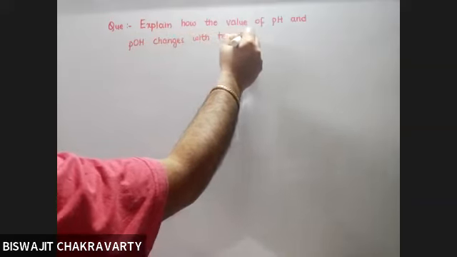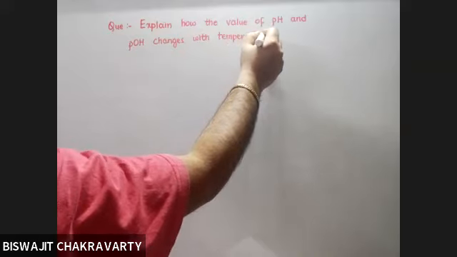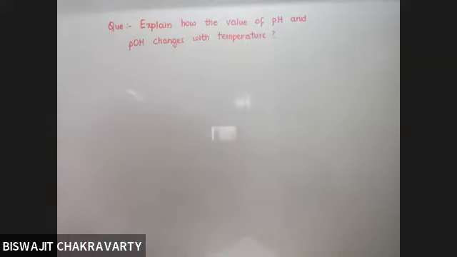How pH and pOH change with temperature. So at 25 degrees Celsius it's established that the sum of the two is 14. But what if the temperature is lowered or increased?